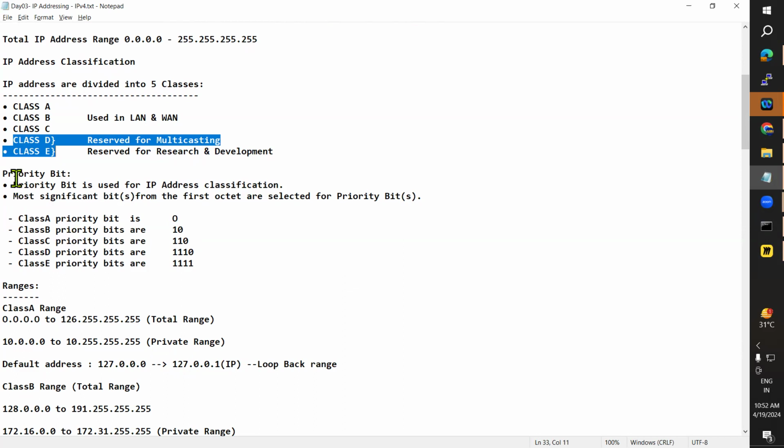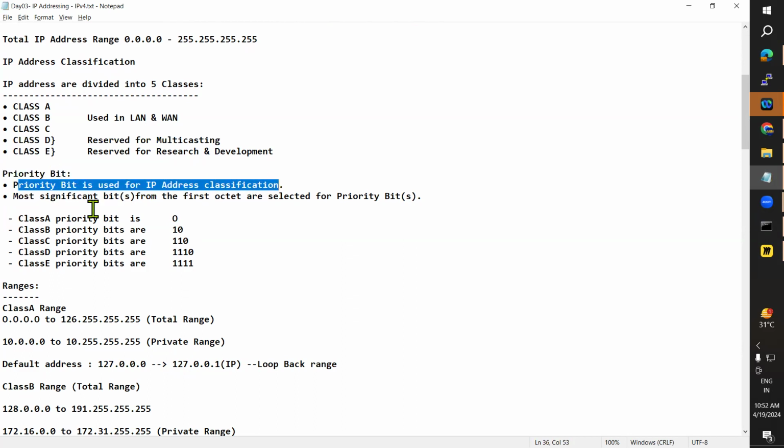Coming to the priority bits. Priority bits are used for IP address classification. The most significant bits from the first octet are selected as priority bits. Class A priority bit is 0.